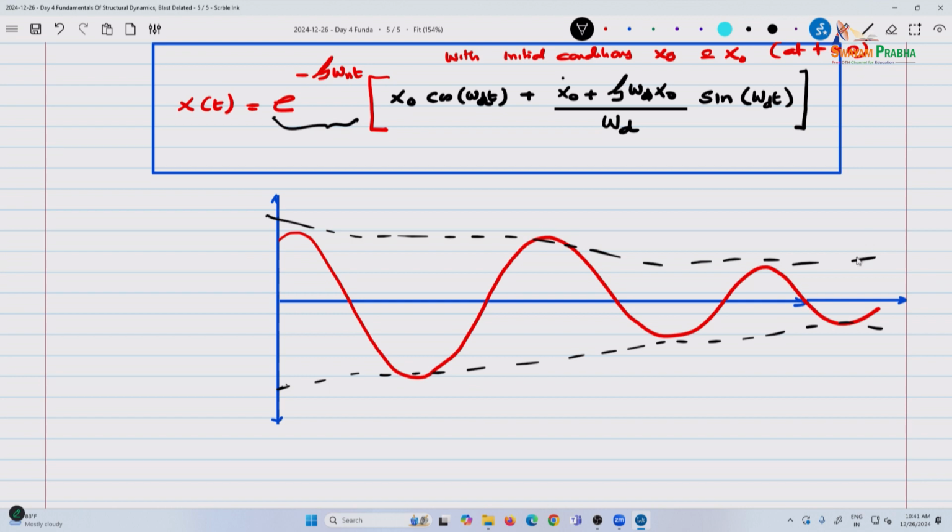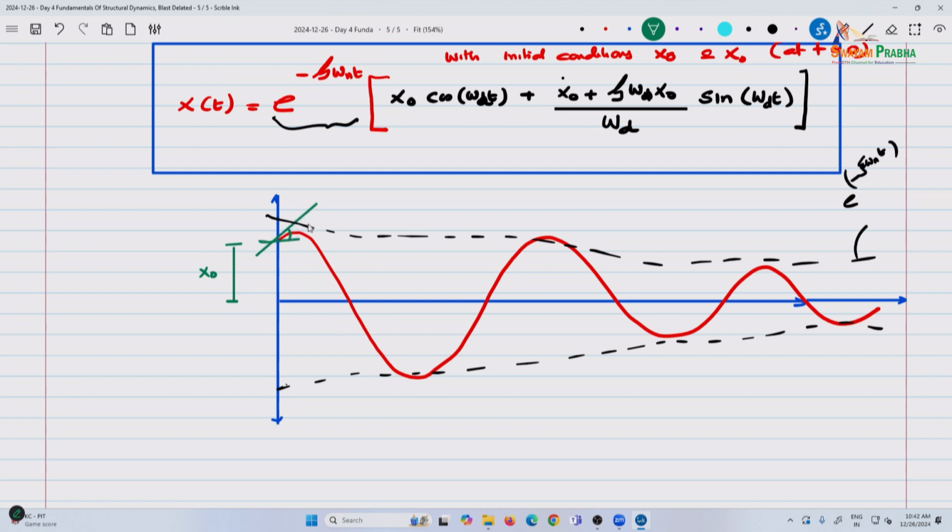So, this reduction is e power minus xi omega n t. So, damping results in reduction of the peak. The boundary conditions or initial conditions are reflected here.